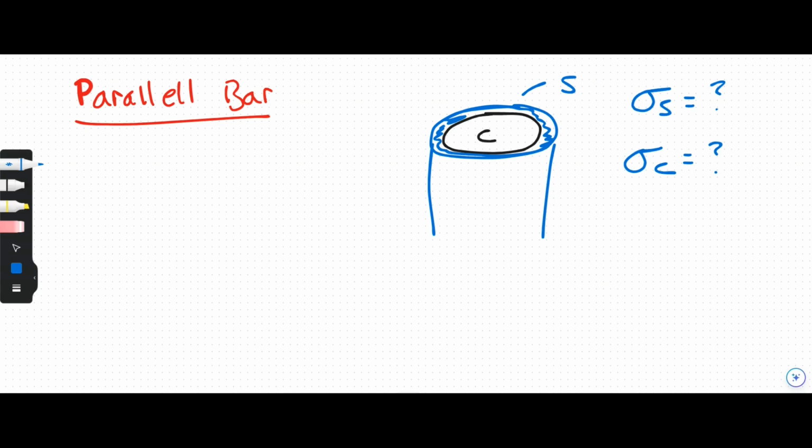But we do know the Young's modulus of the steel and the Young's modulus of the concrete, because in your question, let's say for our sake, it's different in the assignment. Let's say for the steel it is 250, for the concrete it is 12.